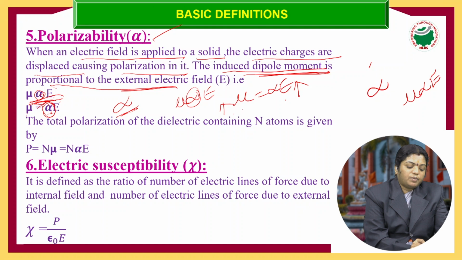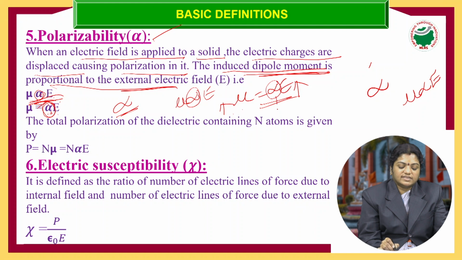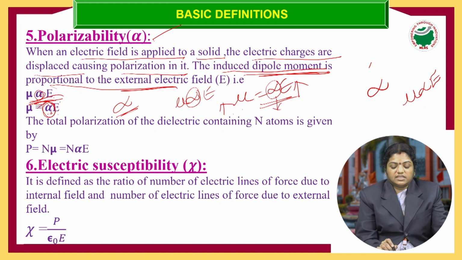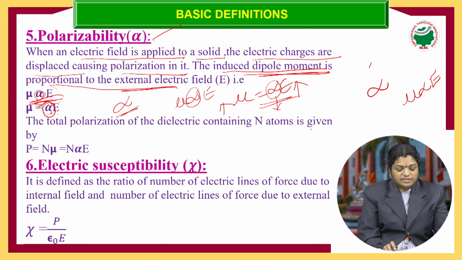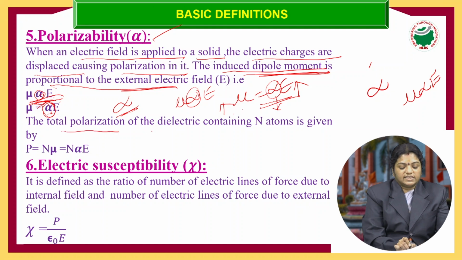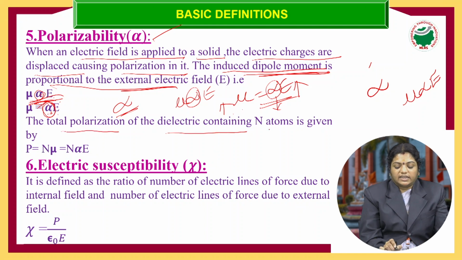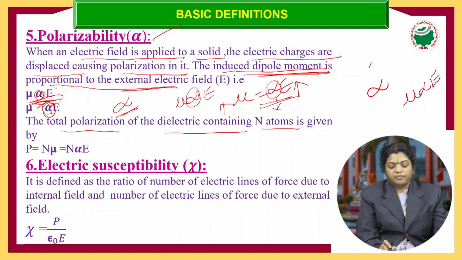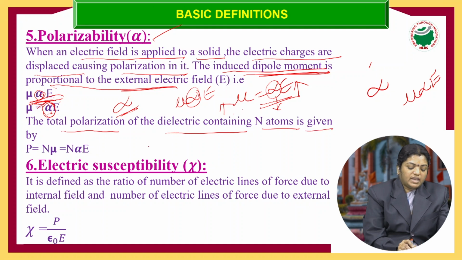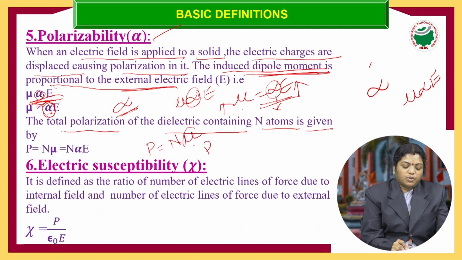Removing the proportionality, you get one constant: mu is equal to alpha E. This alpha is called the polarizability. The total polarization of a dielectric containing n number of atoms is given by P is equal to n mu, as we just discussed. So in the place of mu we write alpha E.